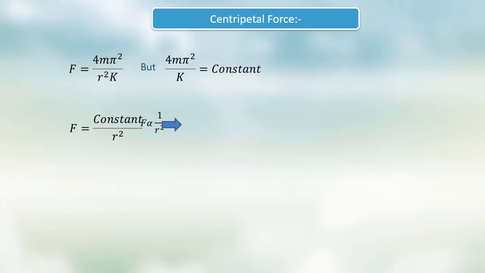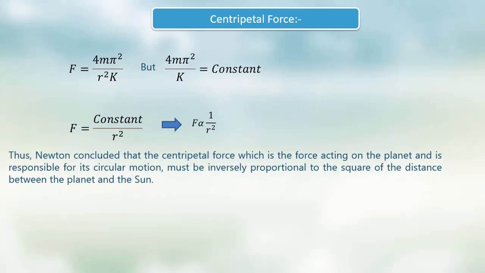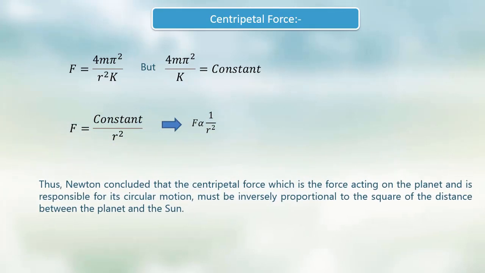That is, F is inversely proportional to r square. Thus, Newton concluded that the centripetal force, which is the force acting on the planet and is responsible for its circular motion, must be inversely proportional to the square of the distance between the planet and the sun.